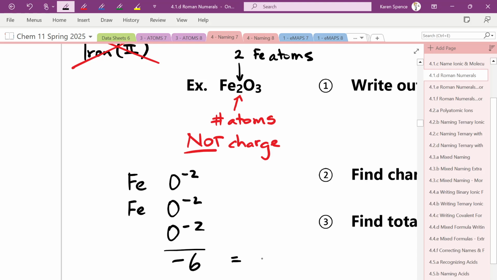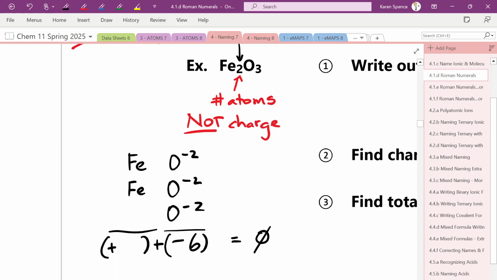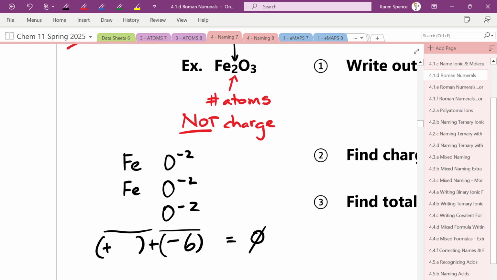Compounds must be neutral. So I'm going to take my positive charge and add it to my negative charge to get an overall charge of 0. What does that mean my positive charge has to be? It has to be positive 6 in total, right?